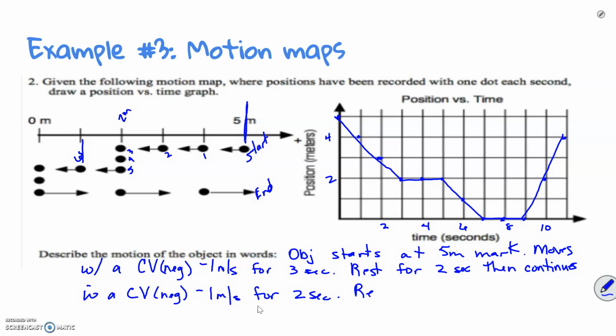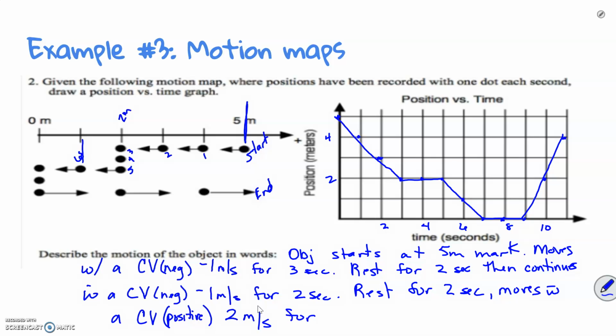Then it is at rest again for 2 seconds. And the final movement, it moves with a constant velocity that is a positive 2 meters per second for 2 seconds. So that would be our description for that one.